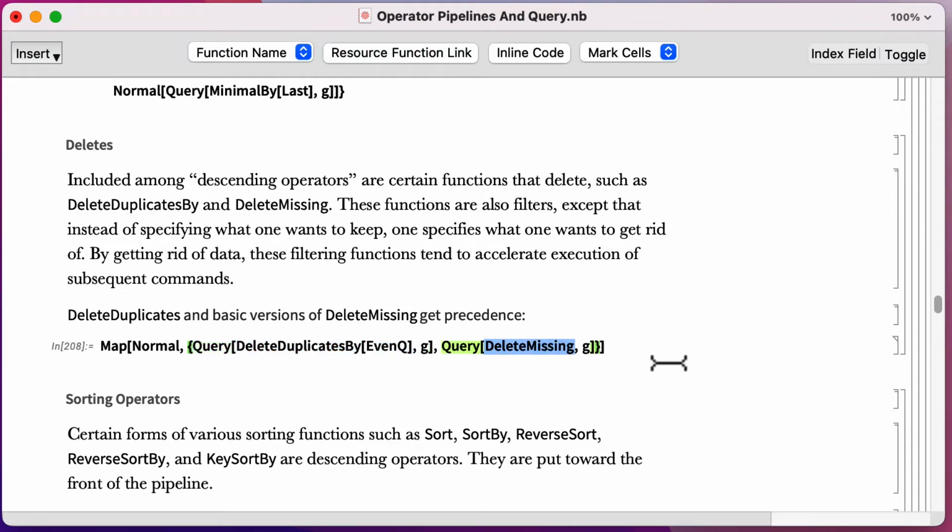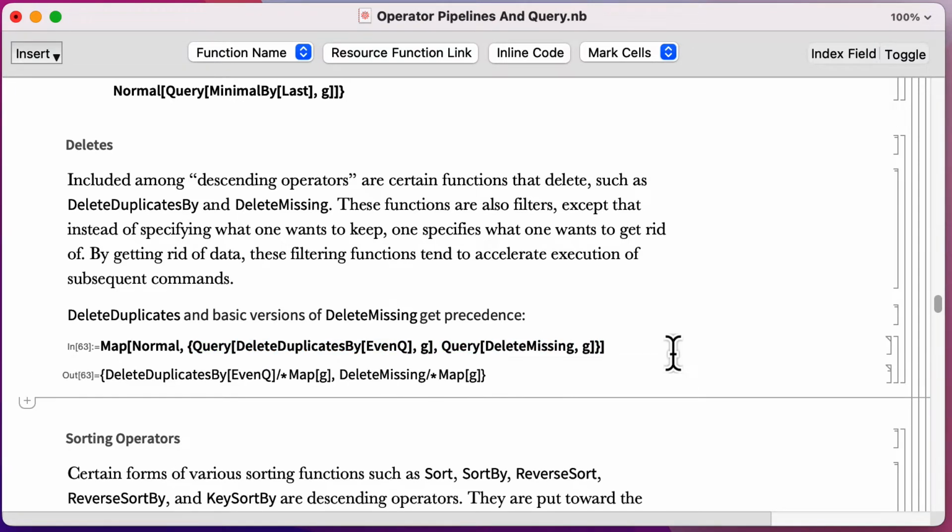Here I'm going to delete missings, and you can see that even though the G ordinarily would come first because it's last and we use LIFO, because delete duplicates is a descending operator, it gets ahead in the chain. Same thing for delete missing.